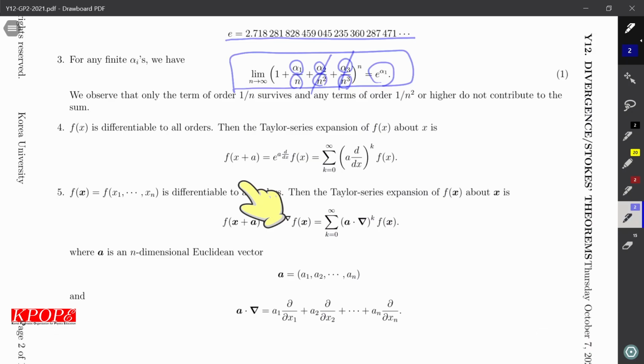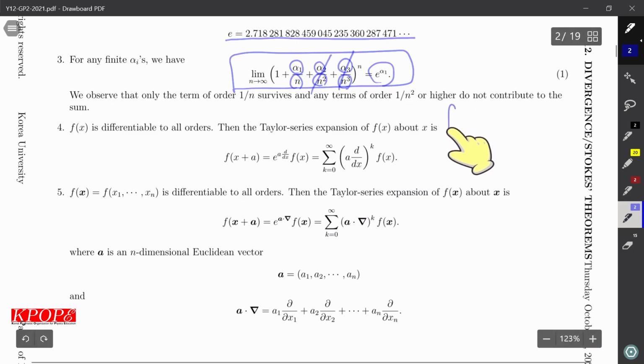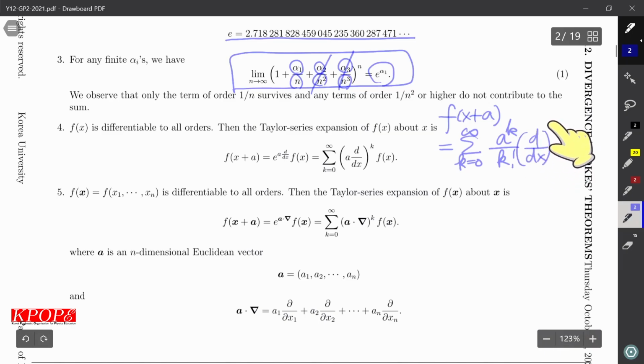If f(x) is differentiable to all orders, we can make a Taylor series expansion. And actually, f of x plus a with the Taylor series expansion is the sum over k that runs from 0 to infinity of a^k over k factorial times the kth derivative of f of x.